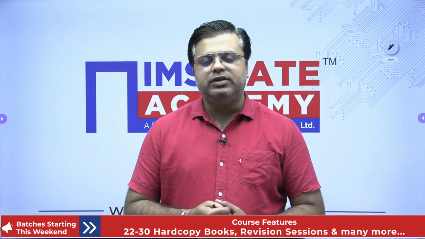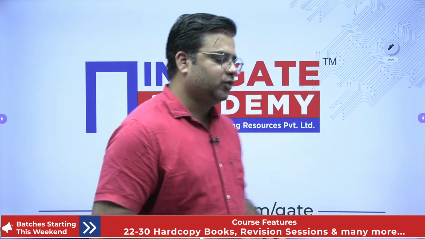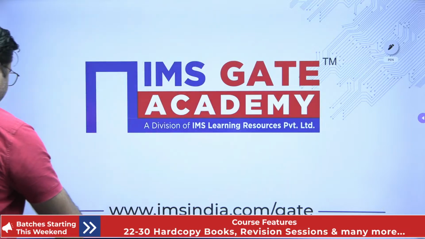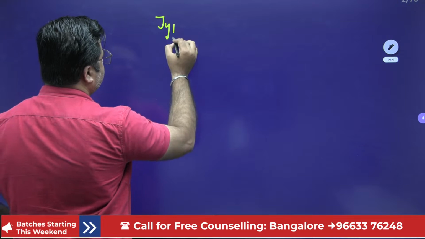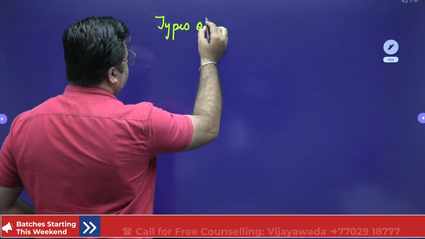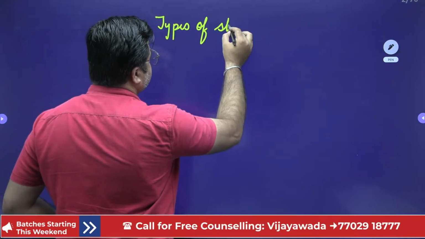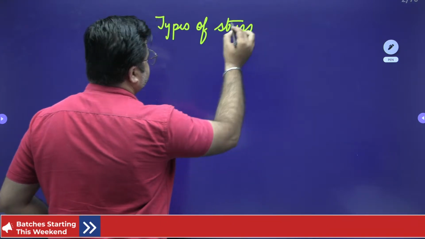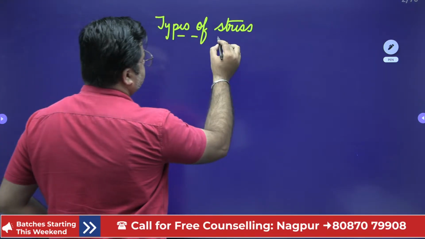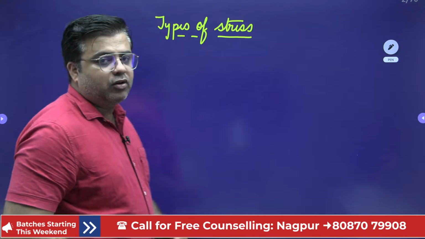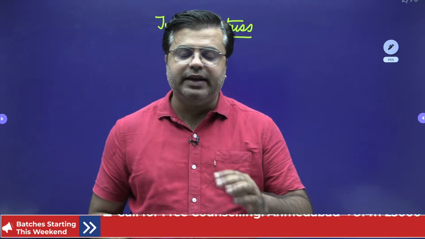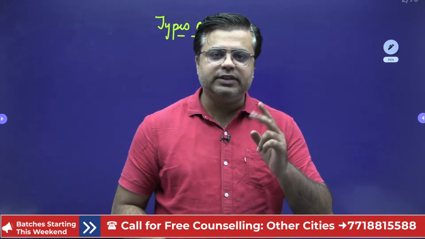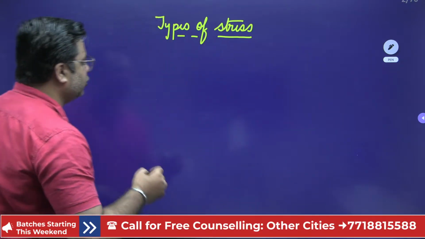Today we will see one more classification of stress. So you can give the next heading, types of stresses. Now, depending on the nature of stress, where the stress is actually acting and how it is acting, stresses are broadly classified into two types.